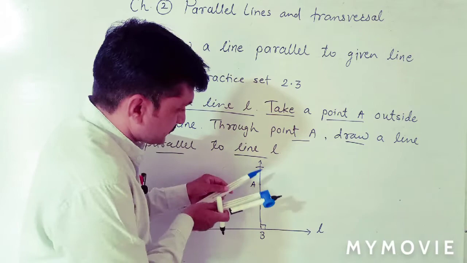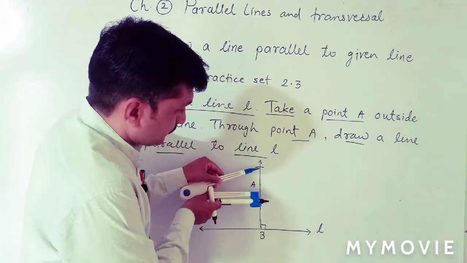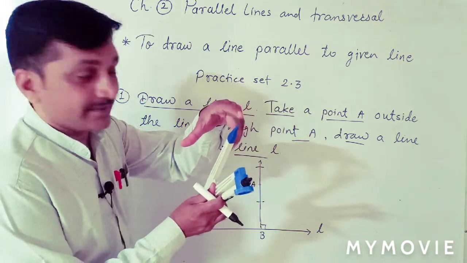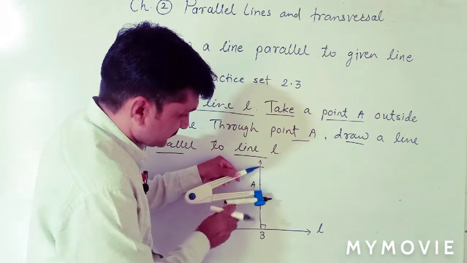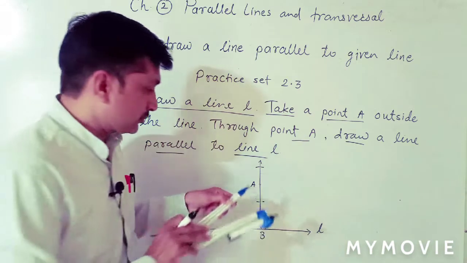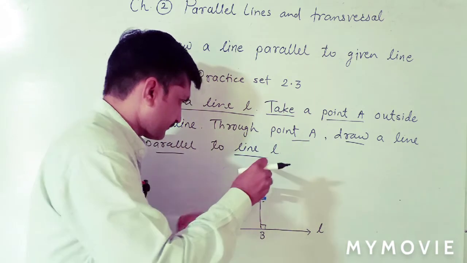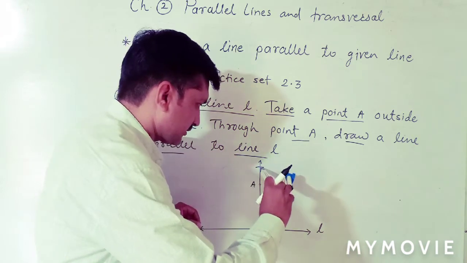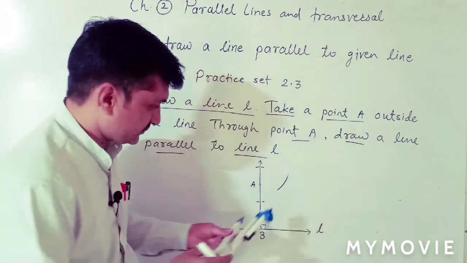Okay. Now after taking the fixed distance, we have to change the distance of this rounder. Now put the iron tip on this arc, take more than half the distance. This is half till A. Take more than half from here, sufficient but more than half, and draw one arc on this side, same distance.